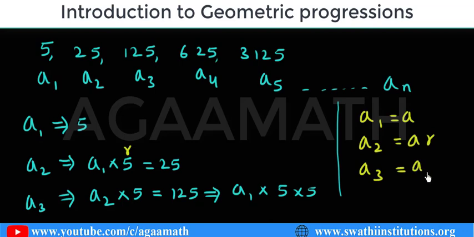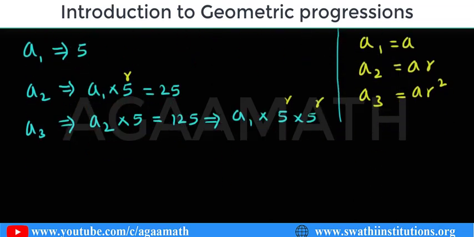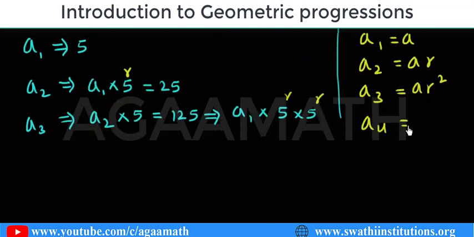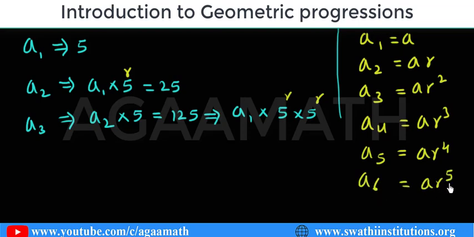It means A1 is A, and 5 into 5 is R into R, so that is R square. If you observe more, A4, the fourth term, is AR cube. A5, the fifth term, is AR to the power 4. Observe clearly: for the fourth term it is R cube, for the fifth term it is R to the power 4, and A6 is AR to the power 5.